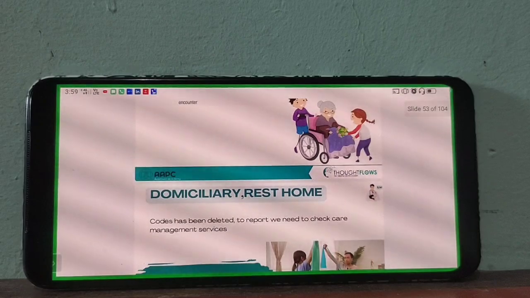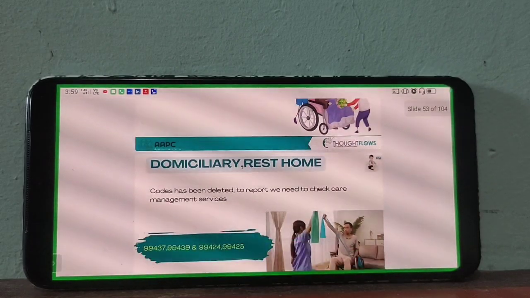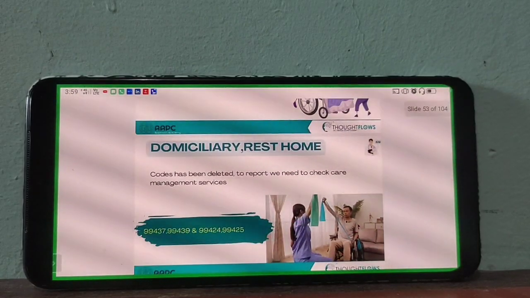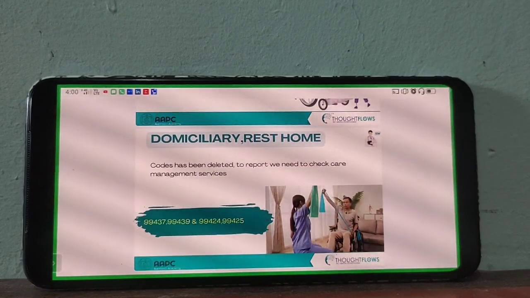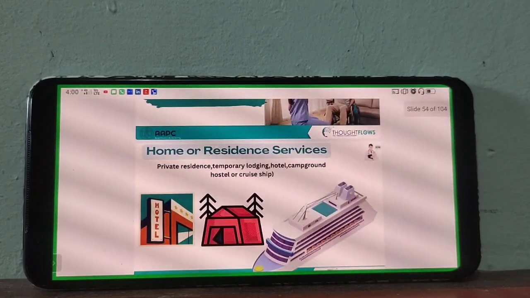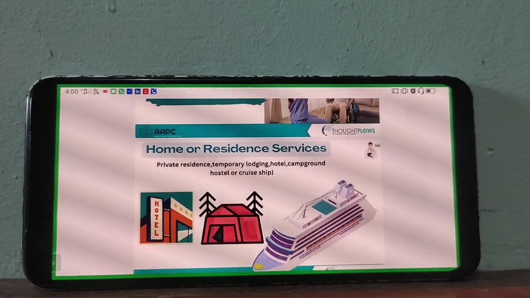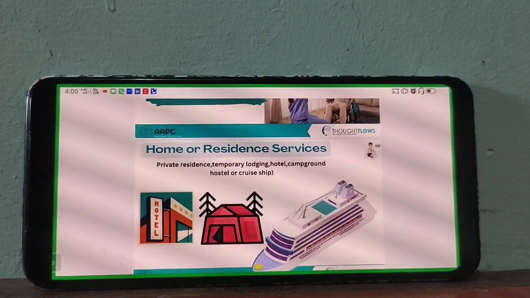Then domiciliary rest home custodial service. These codes have been deleted. Now all of the services come under the home or residence service.